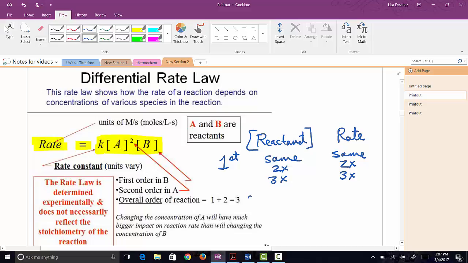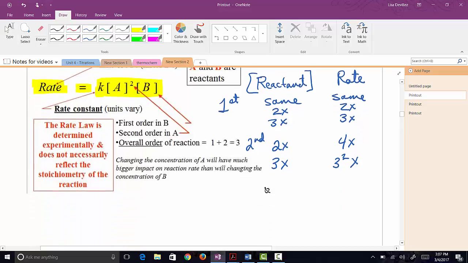Now, second order, okay, whatever I do to the reactant concentration, the effect on the rate is that squared. So if I increase by 2 the reactant concentration, it's going to increase by 2 squared, or 4. If I increase by 3, it's going to increase by 3 squared, or 9, and so forth.